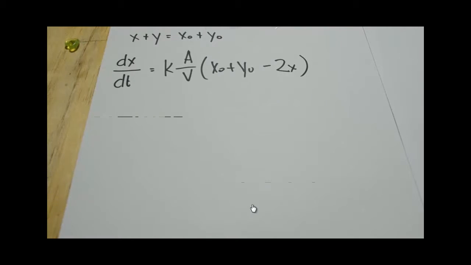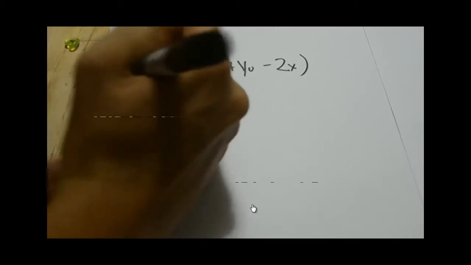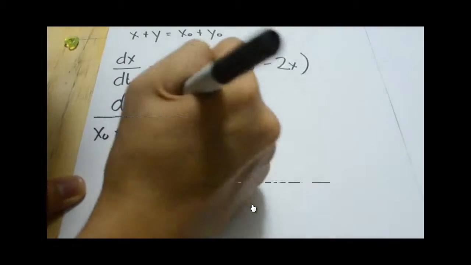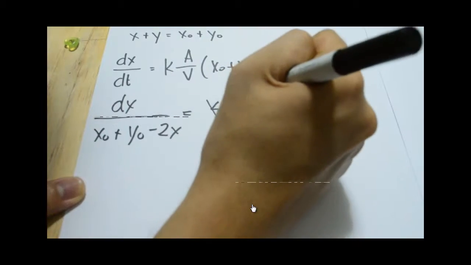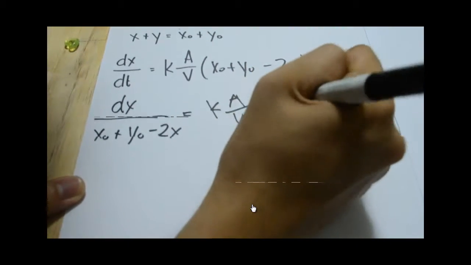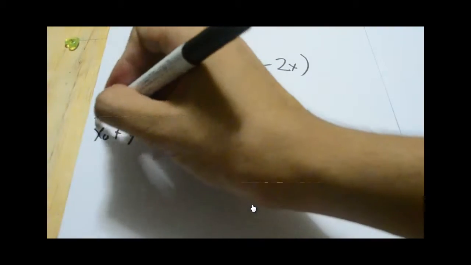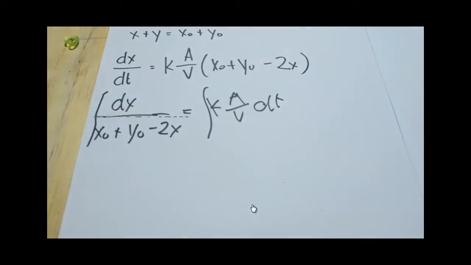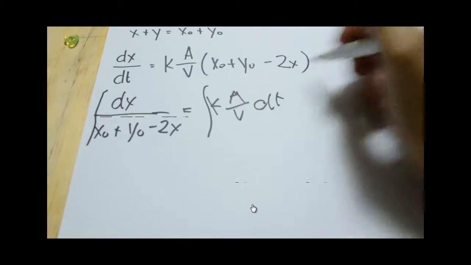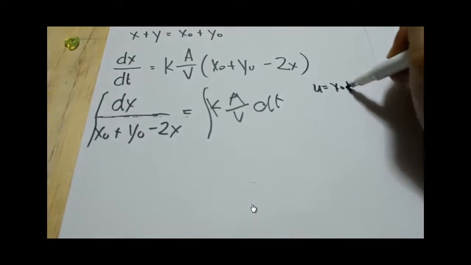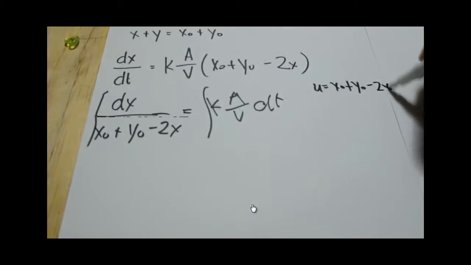We're gonna combine like terms because this is a separable equation. So we have dx over (X sub O plus Y sub O minus 2x) equal to KA over V dt. Right? So we need to integrate both sides. First we let u equal X sub O plus Y sub O minus 2x.